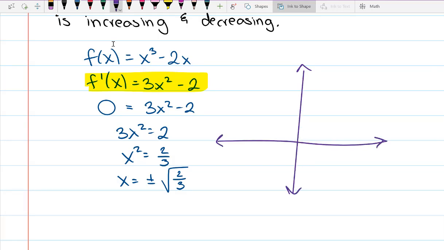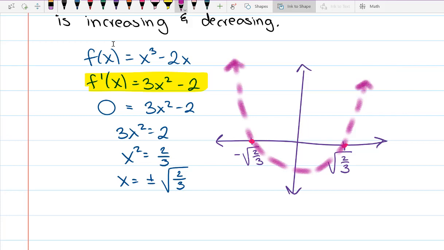Either one will work. So I know that negative radical 2 divided by 3 is somewhere over here, and I know positive radical 2 over 3 is somewhere about right here. Those are my critical points. And I know this is a parabola facing upwards, so it's going to look something along these lines. It's okay if your vertex is not perfect.